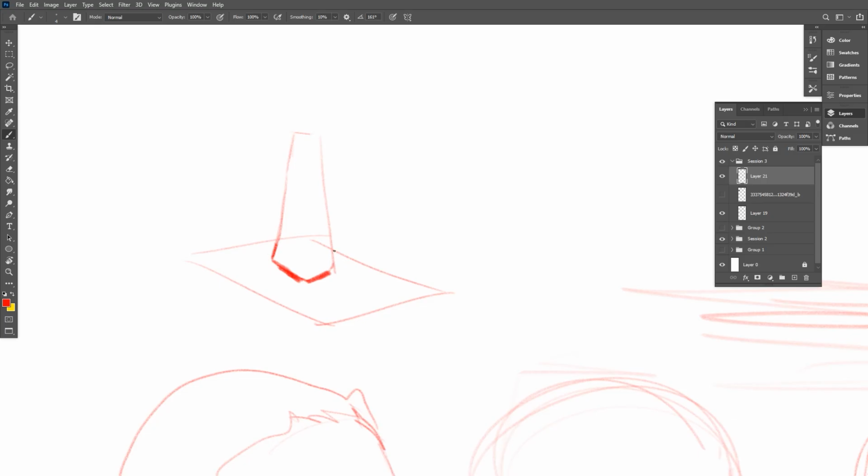Say this is the light source. Okay, a lot of professional artists use this trick to give the sense of light.